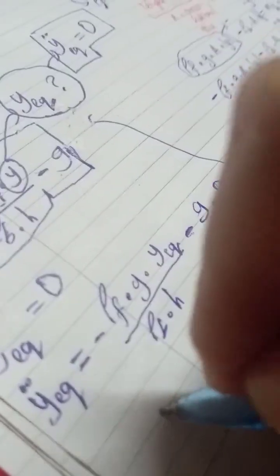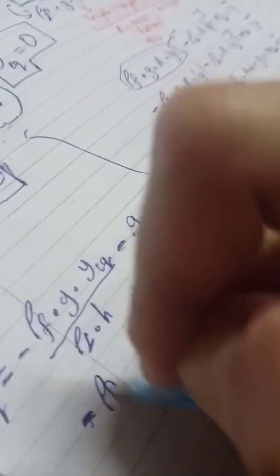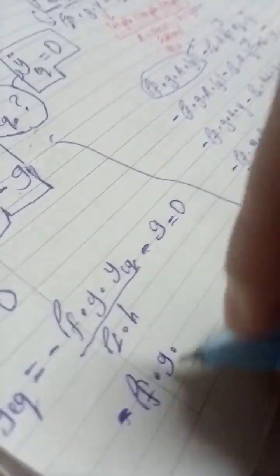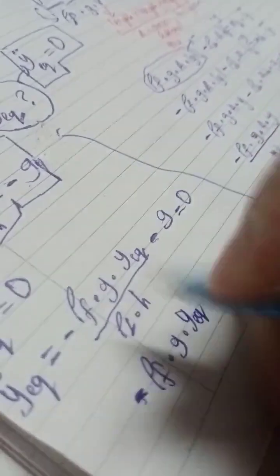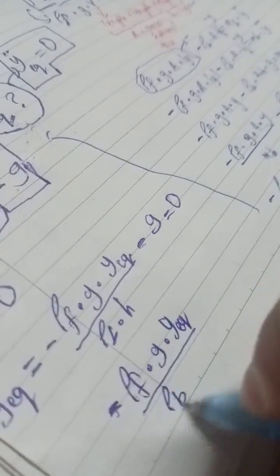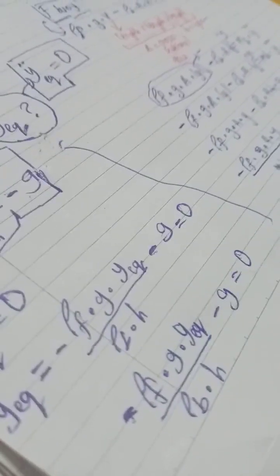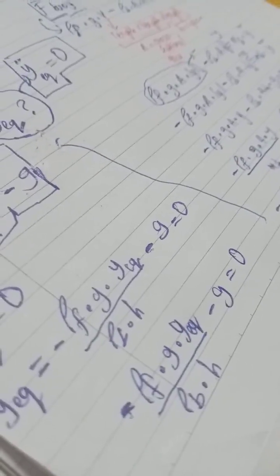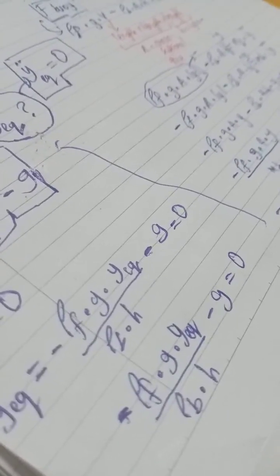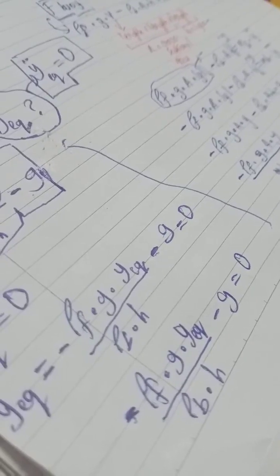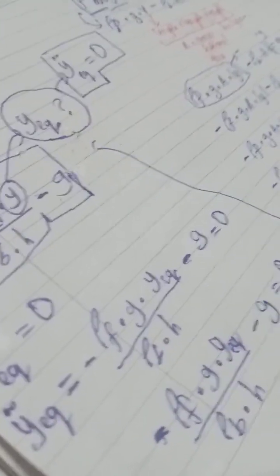Alright, so negative rho f times g times y equilibrium over rho b times h minus g is equal to 0.